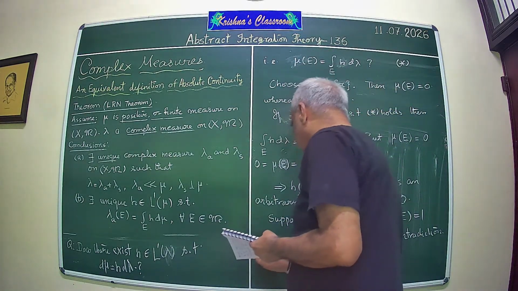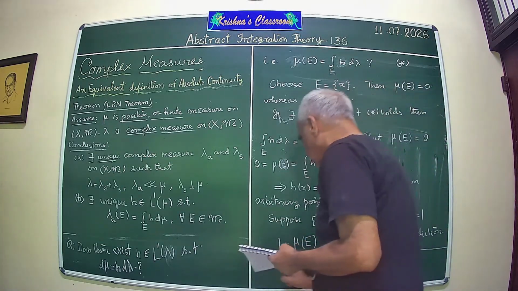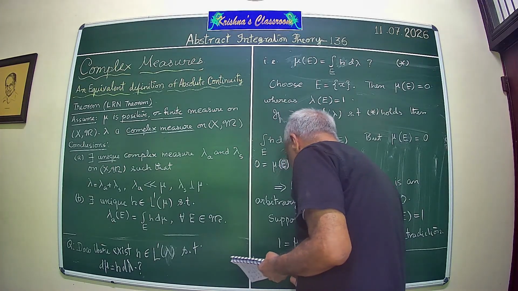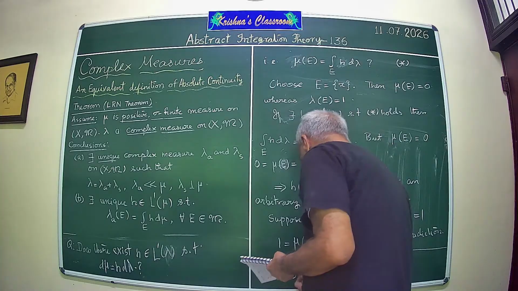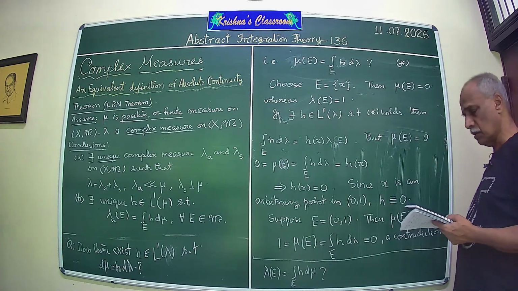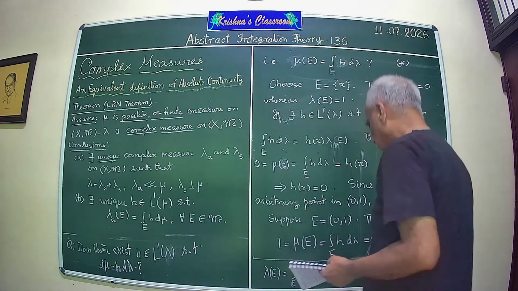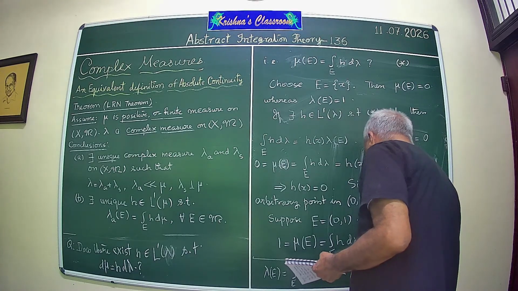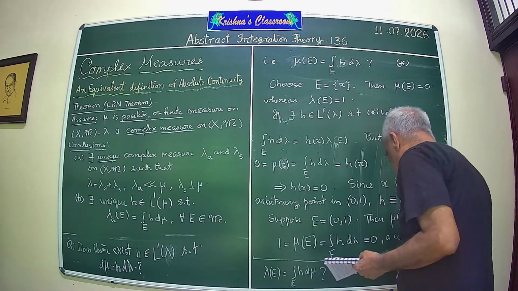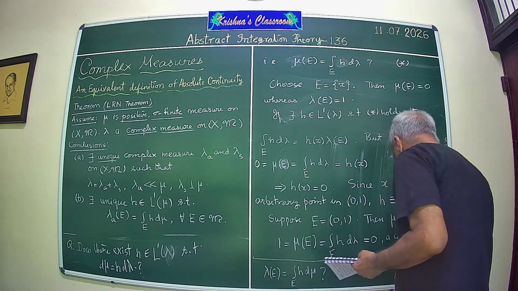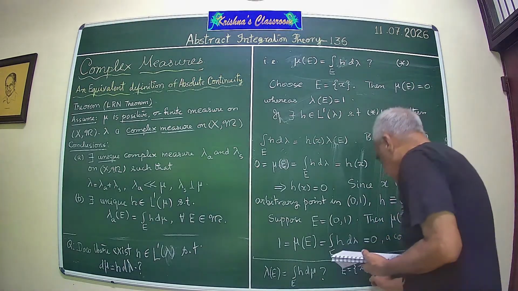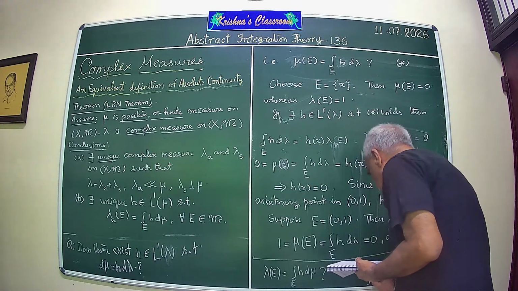Now, on the other hand, suppose you are looking for this one. What about this? Is this true? But you see that suppose you choose E equal to singleton x, then lambda E equal to 1. Therefore, what about the integral over the singleton?